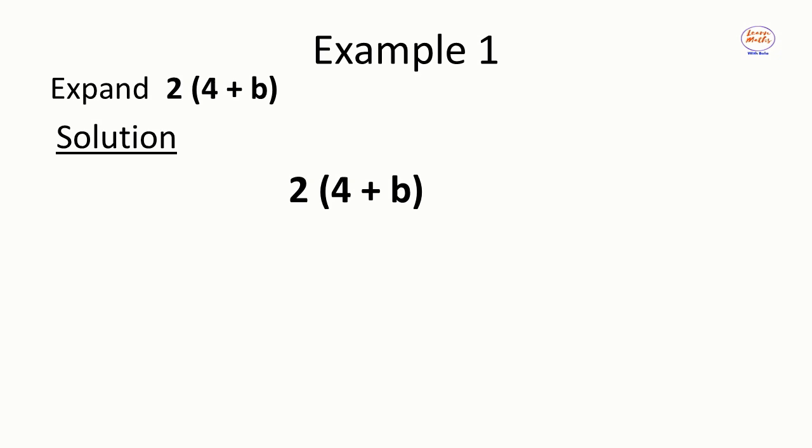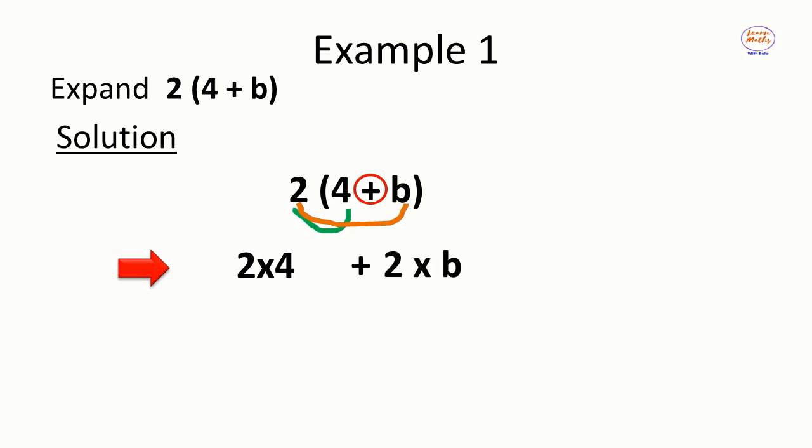Very simple, and I want to assume you solved it even before I solved mine on the screen, but still, let's go on together. We have 2 and 4. That will give us 2 times 4 plus 2 times b, right? So our 2 times 4 will give us 8, and our 2 times b will give us 2b.